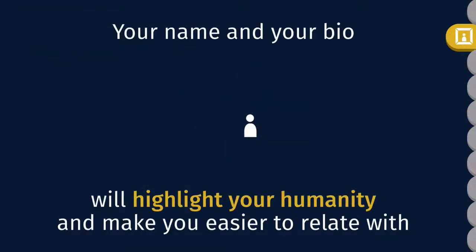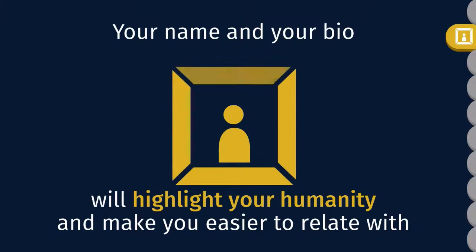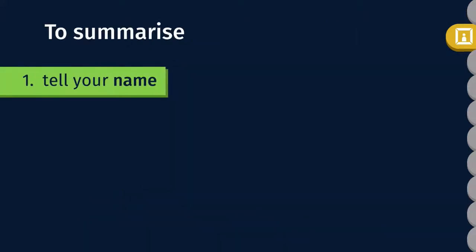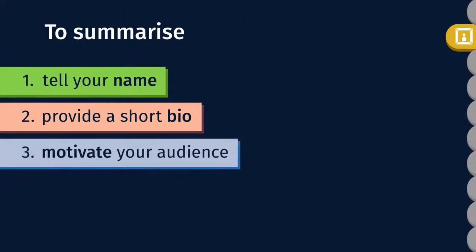Now, providing your name and your bio are just a way to highlight your humanity and to help your audience realize that they can relate with you and that maybe they can follow your presentation as well. So to summarize, say your name, highlight your humanity, help your audience put you on a map by providing a very short bio, and start motivating them.